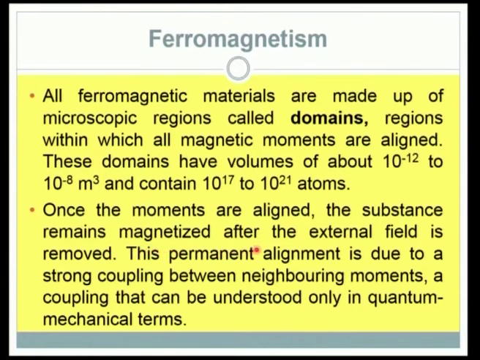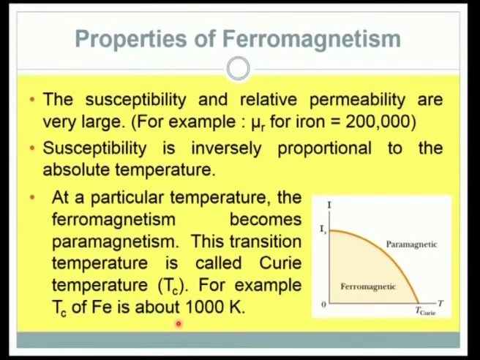This permanent alignment is due to the strong coupling between the neighboring moments, a coupling that can be understood only in quantum mechanical terms. But right now the alignment will exist. That is the point that we have to keep in mind. We will see some of the properties of the ferromagnetic materials.